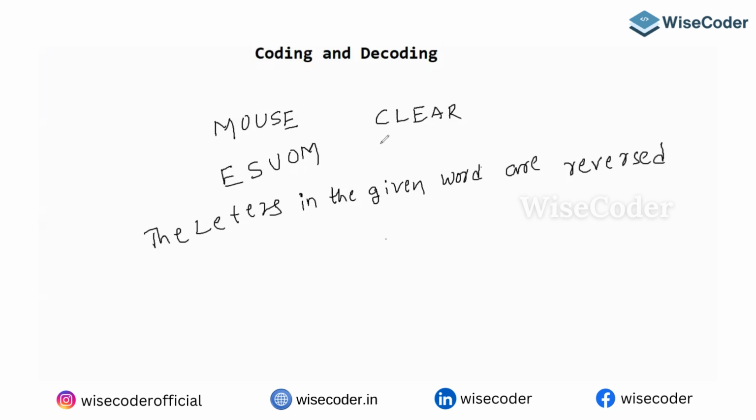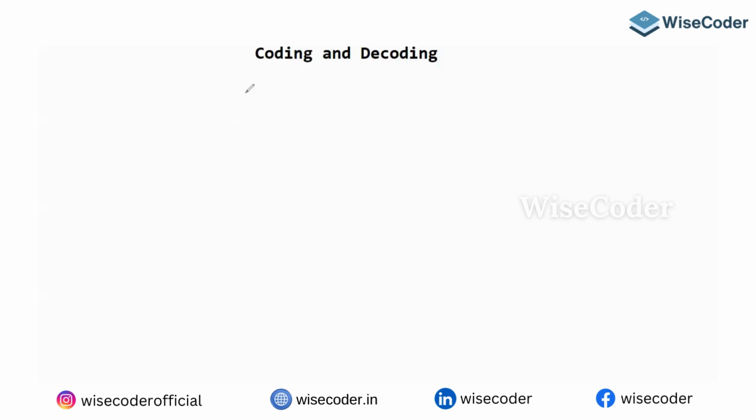Then CLEAR is coded as RAELC. So the answer for this question is RAELC. What is the logic? The letters in the given word are reversed. Okay, next question.